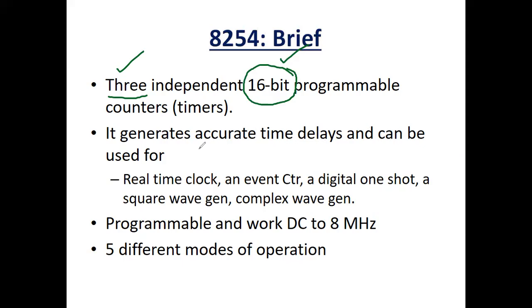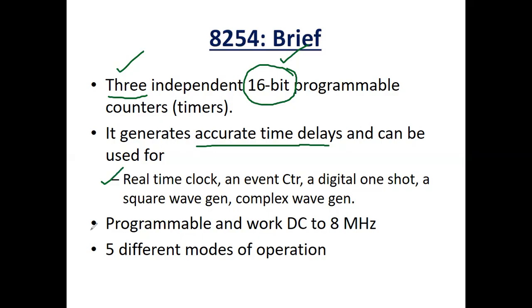In the previous slide, we discussed that the main purpose of 8254 is to produce accurate time delay, and this can be used for different applications. For example, a real-time clock, an event controller, a digital one-shot, a square wave generator, or any other complex wave generator.